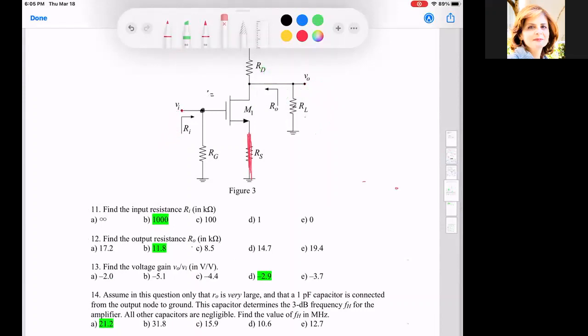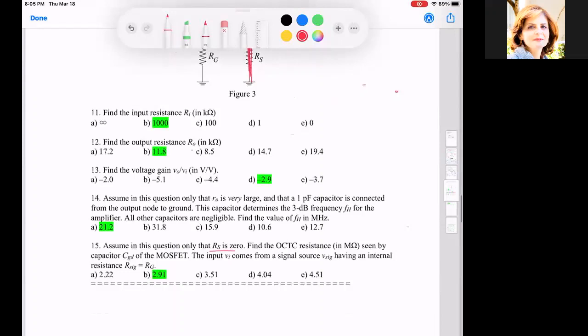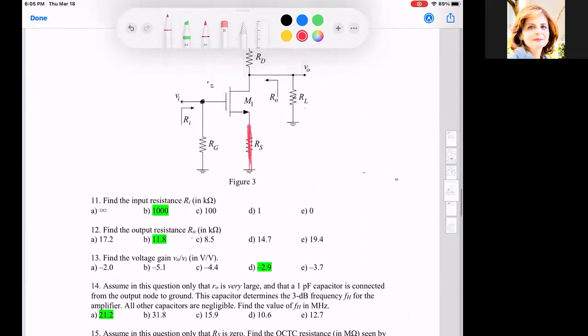And also he says assume that the Vin comes from a signal source Vsig having an internal resistance Rsig equal to RG. What does that mean? It means Vin comes from Rsig, which equals RG, and Vsig has this Rsig.